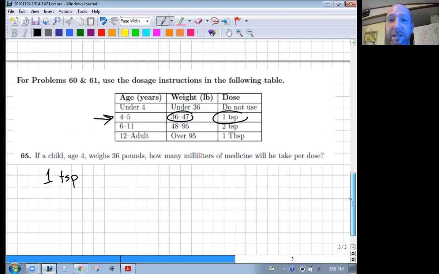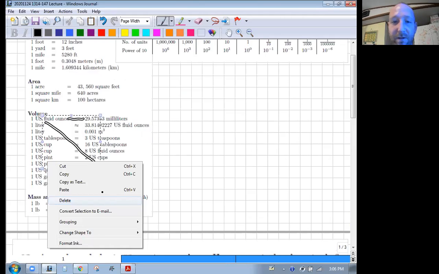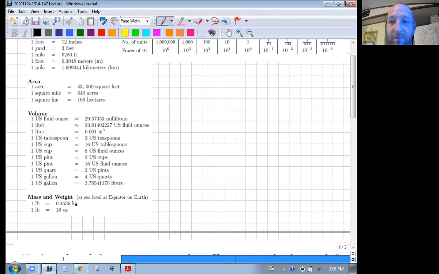So we need to convert teaspoons to milliliters. Well, we can convert teaspoons to tablespoons. Then tablespoons to cups. Cups to fluid ounces. And then fluid ounces to milliliters.